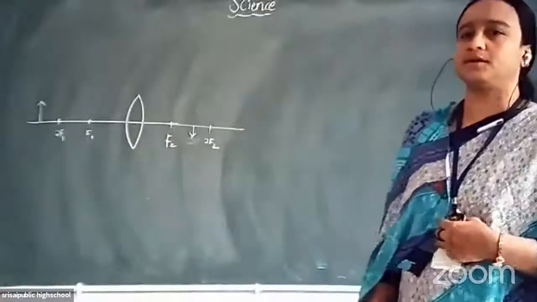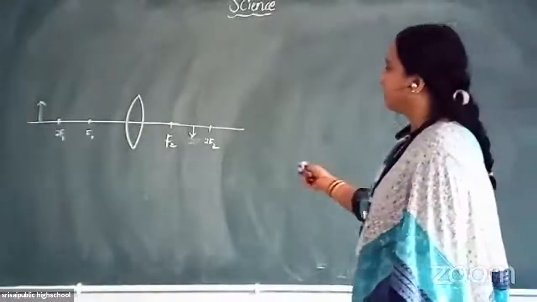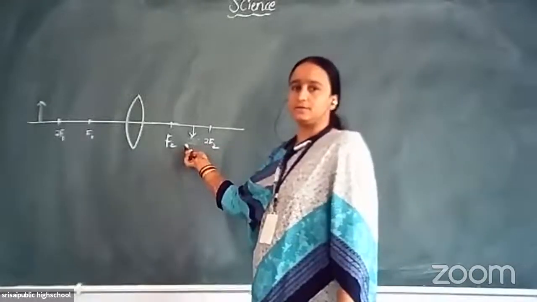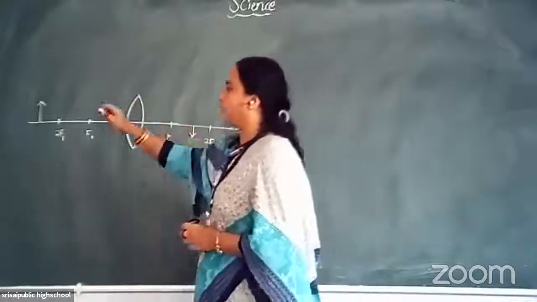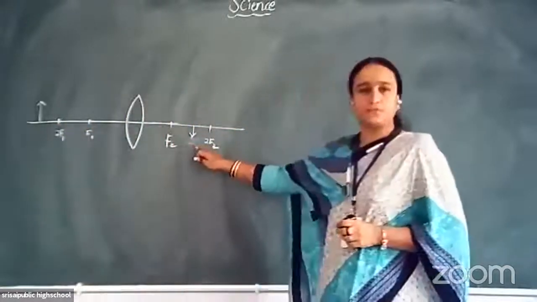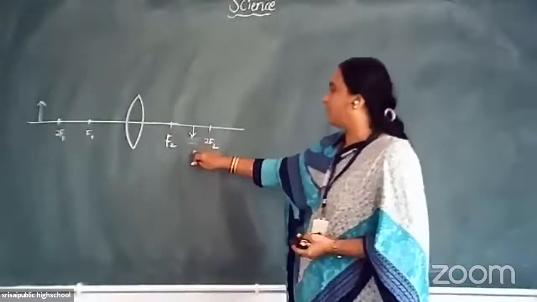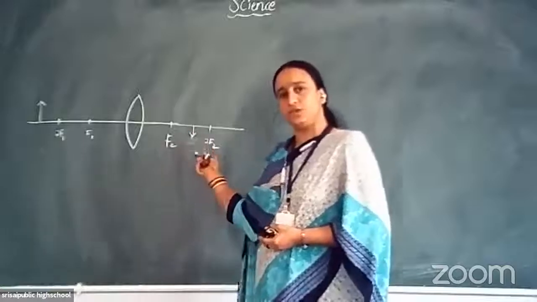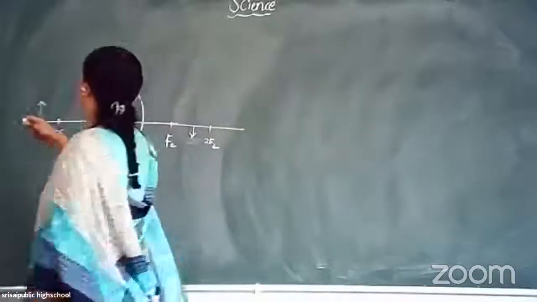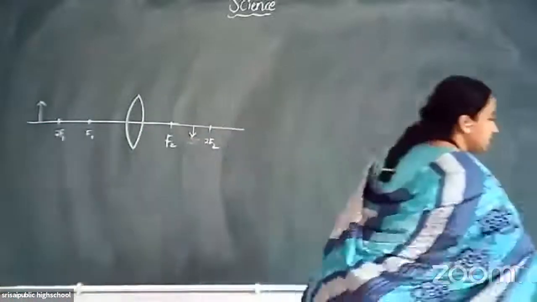Real and inverted. So this is the second case. When the object is beyond 2F1, you get the image between F2 and 2F2, real and inverted, and diminished. Now you are going to bring the object still closer to the lens.